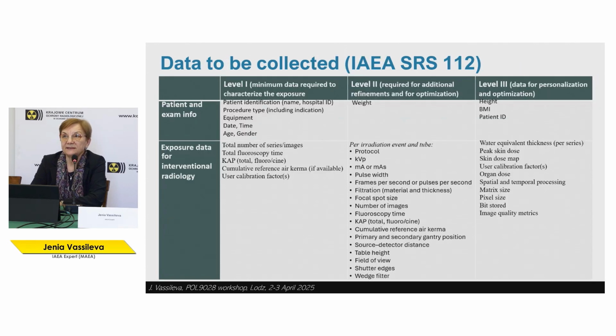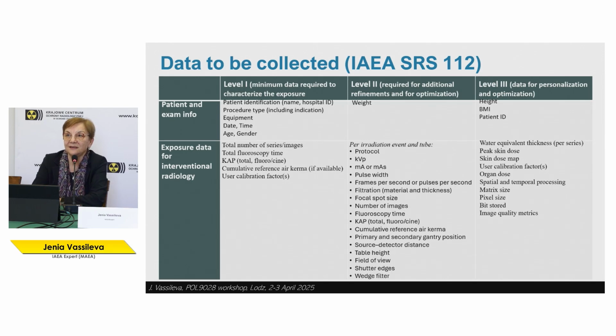This is from the IAEA safety report, because it's not sufficient to collect only dose indices. If we want to understand how to optimize the procedure, we need more data to be monitored, not just patient dose quantities. And here you see we define 3 levels of data collection depending on the tools we have.